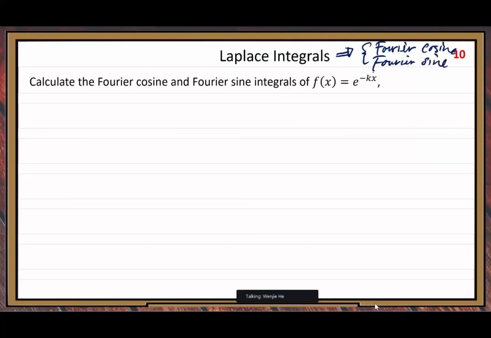But the question is, we know this function is not an odd function. It's neither an even function nor an odd function.